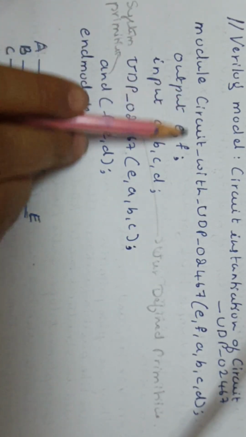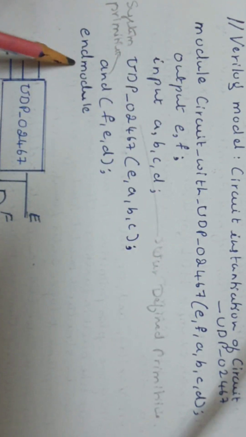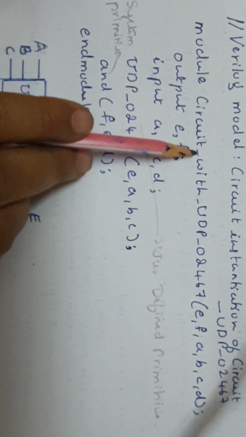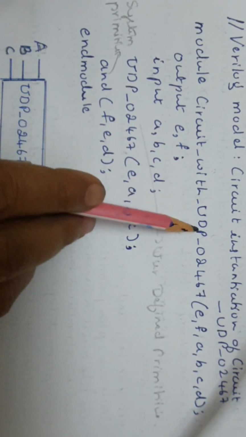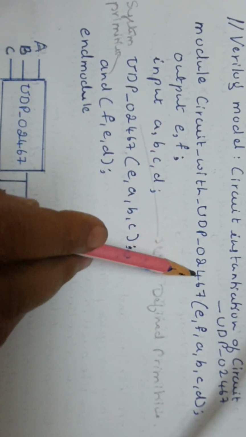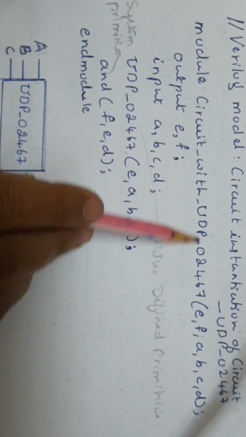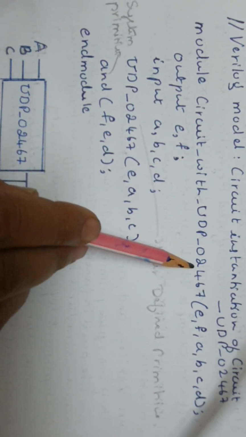So this is another program, module and endmodule. It's a very long program. What is the name of the program? circuit_with_UDP_02467. Any name could be given here, but a relevant name is given.